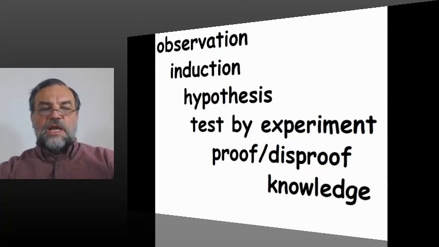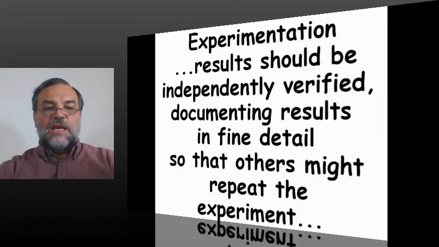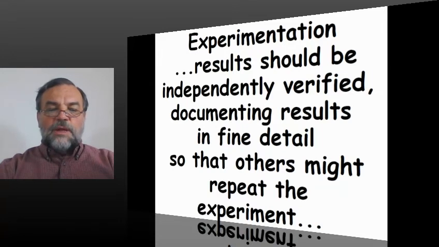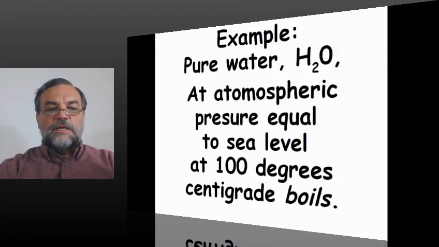So whether you would want to add to that a wider scientific method, this is certainly a valid scientific method. He wanted to say that in regards to experimentation, the results should be independently verified, and you should document the results in fine detail so that others might repeat the experiment.